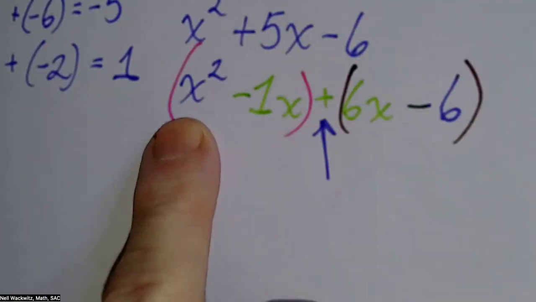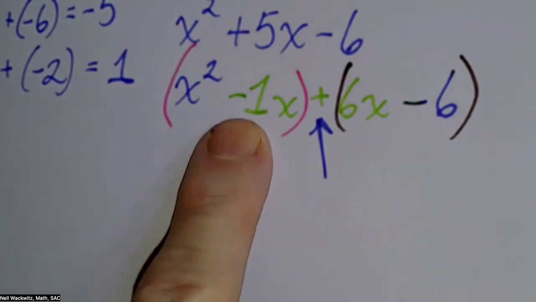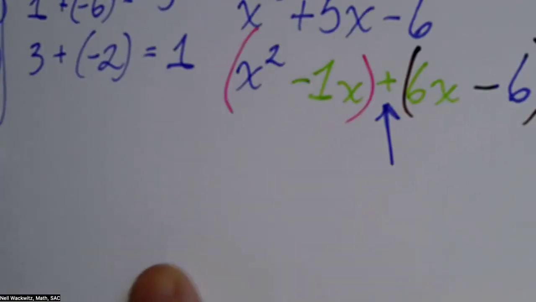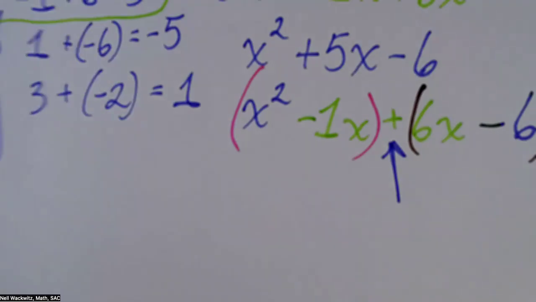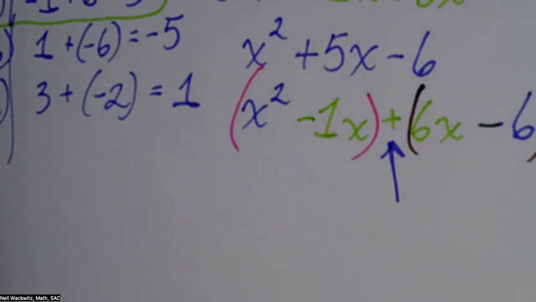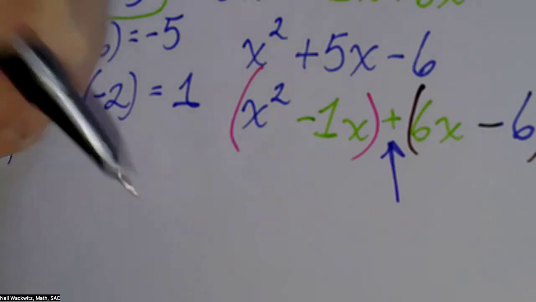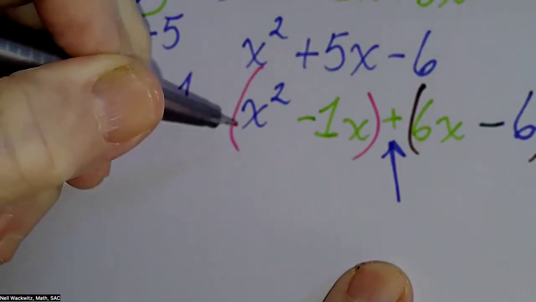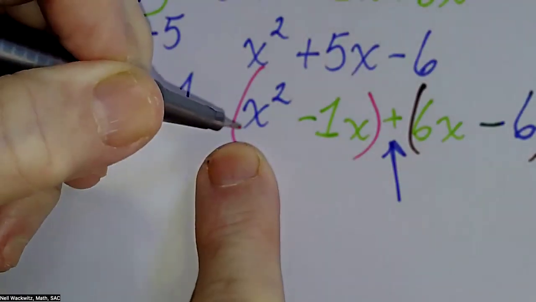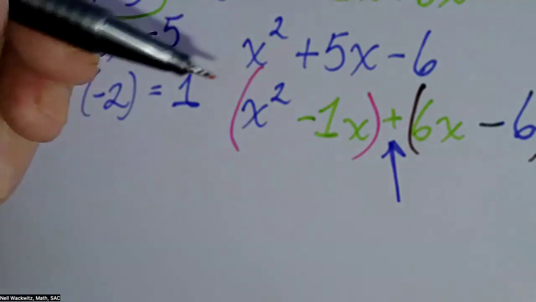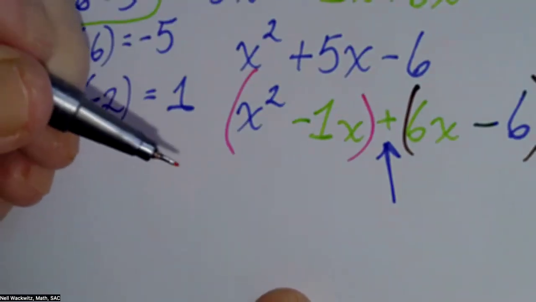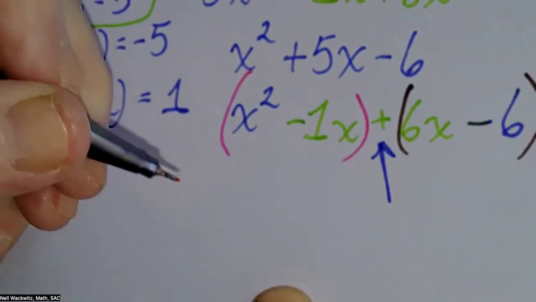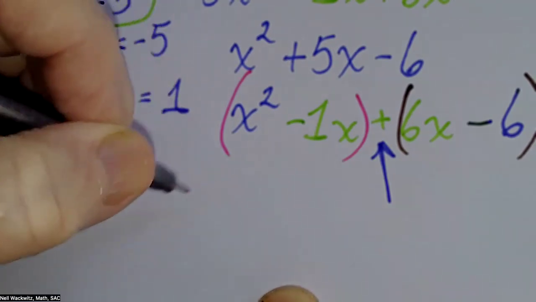Okay, between x squared and x, we have 2 x's in the first term and 1 x in the second. How many x's are common? 1. Good.